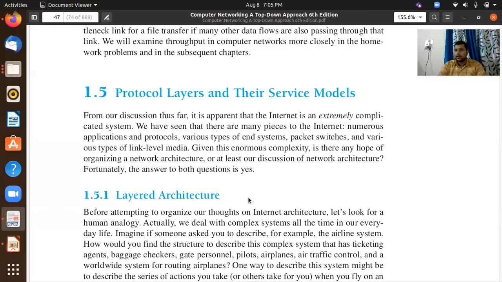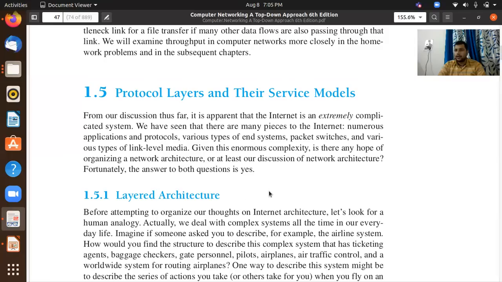The person wants to use the network of airlines to ship himself from location A to location B. So what are all the options? We will list down all the services he or she requires, in order.